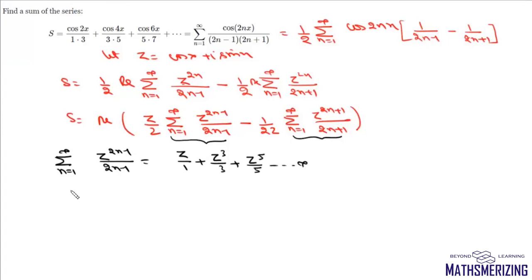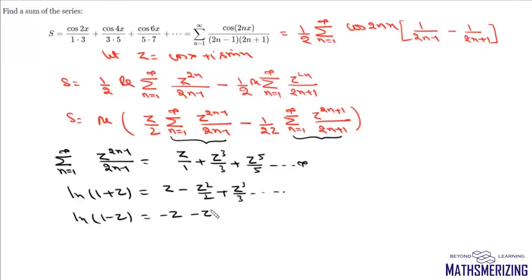So for that we can write the expansion of log 1 plus z, which is z minus z square by 2 plus z cube by 3, and then the expansion of log 1 minus z, which is minus z square by 2 minus z cube by 3. Now we'll subtract the second from the first.